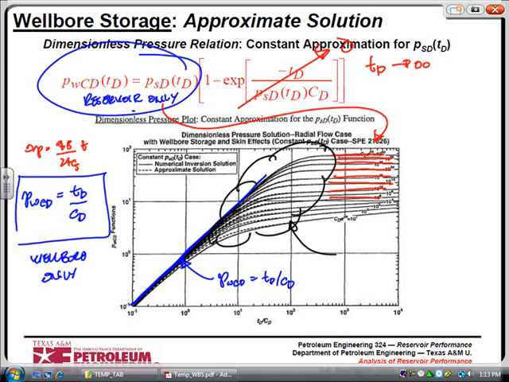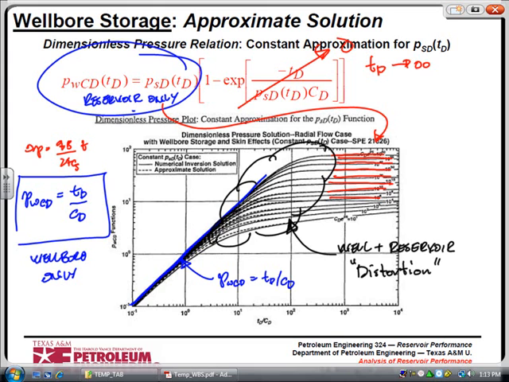Anybody? This is well plus reservoir. But this is the distortion part, right? We have no clear signal.